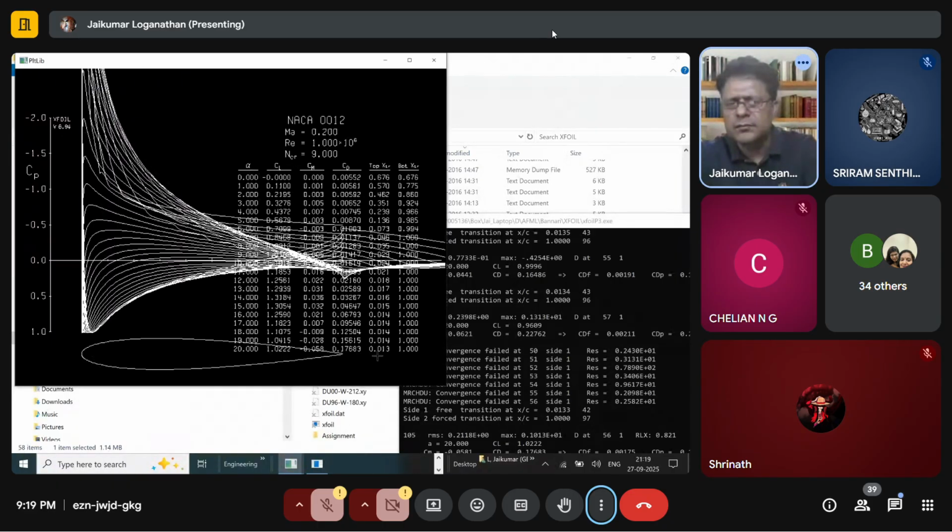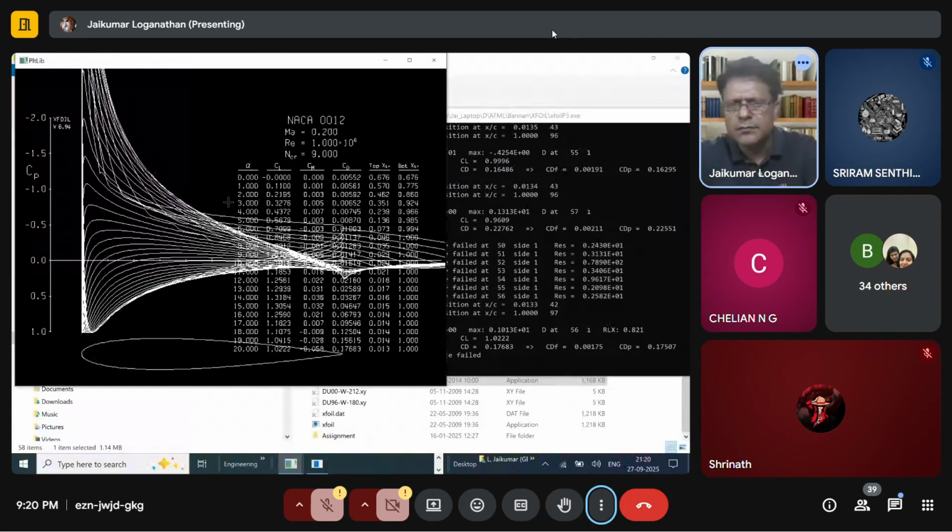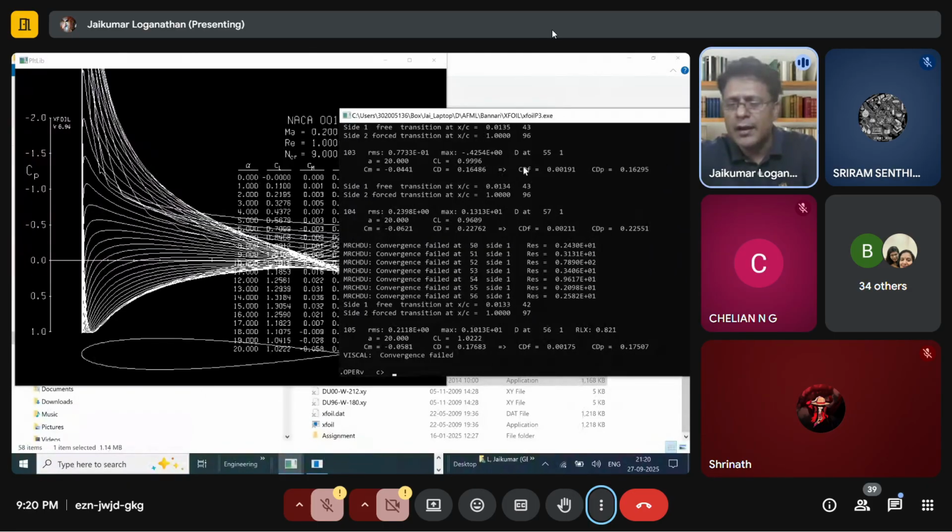So we'll discuss this later. But right now, focus on alpha, CL, CD, CM. Okay. So this is what we would do in a wind tunnel, right? If you want to do this sweep, it may take one full day for you. I don't know how many of you already had some experience in taking readings in a wind tunnel. So this tool is very, very handy when you want to do some quick studies, right?